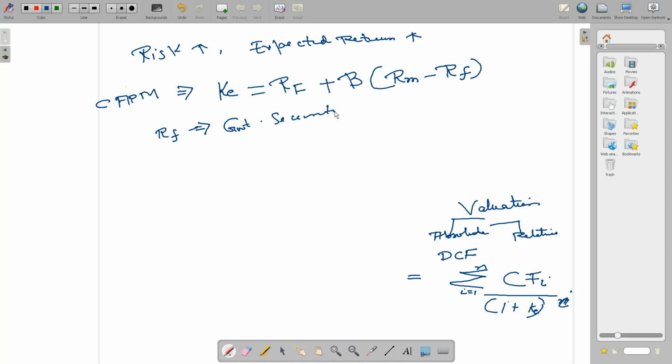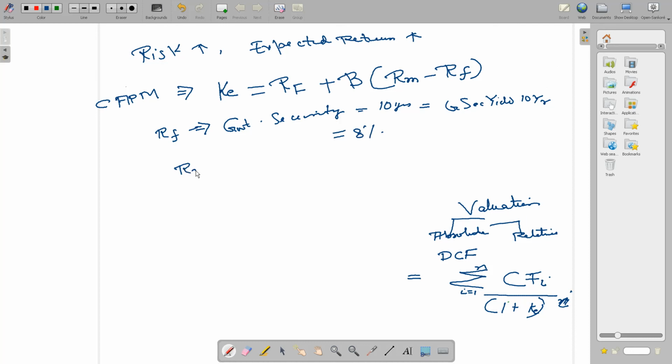Now, if I am considering a project or equity for say 10 years, I should use the GSEC yield of 10 years. So this time frame should correspond with the time horizon of my investment or the project. Suppose that GSEC yield of 10 year in India is 8%.